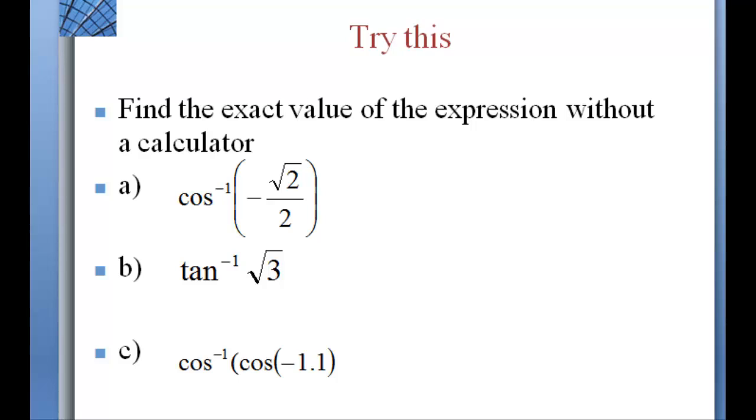And what is the arccosine of the cosine of negative 1.1? If we have our angle of negative 1.1, it means we're going down negative 1.1. We want to know what the cosine of that is going to be.